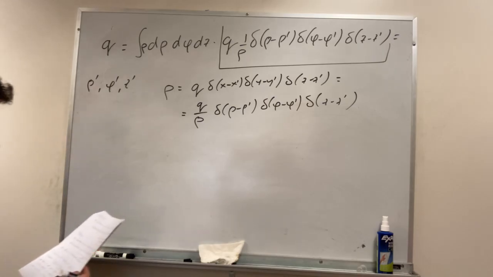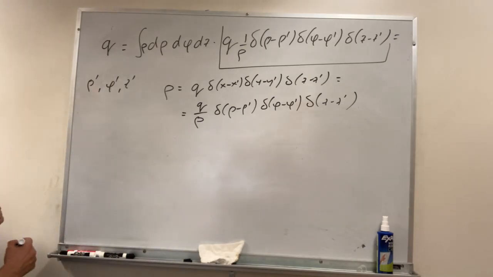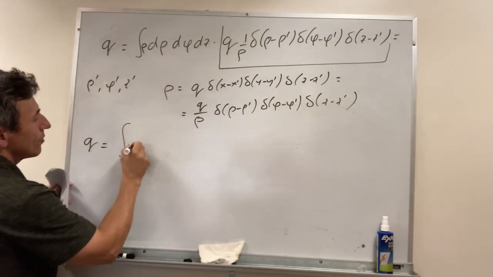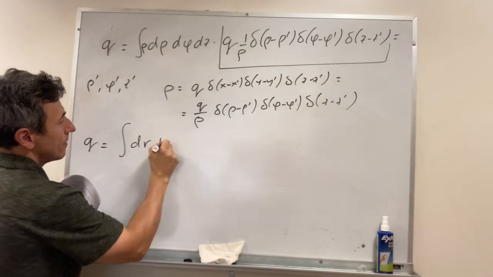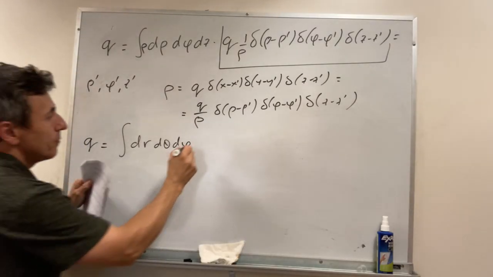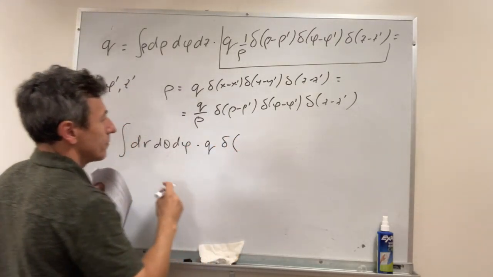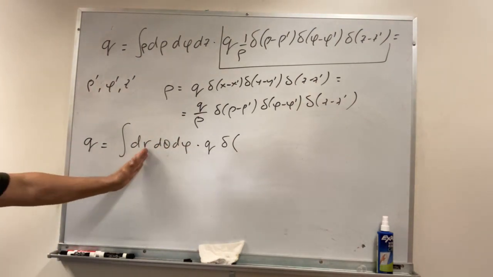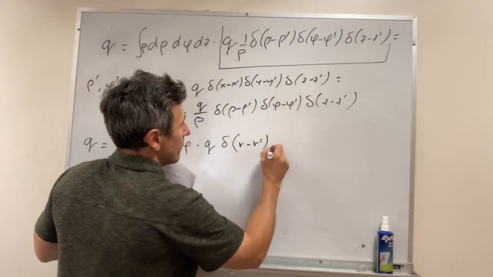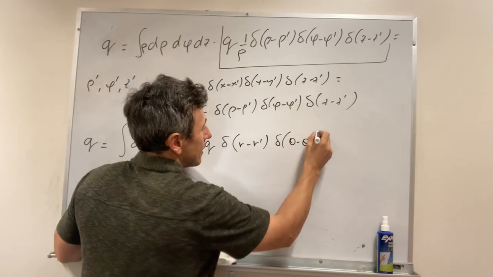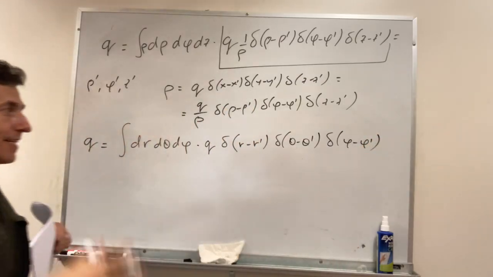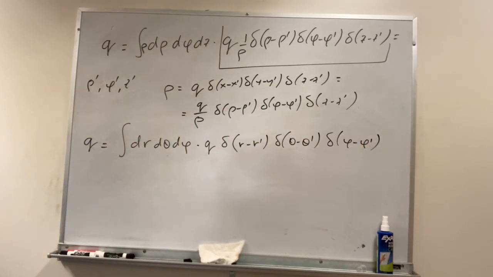In a similar way, we can write down the expression for charge density in the spherical coordinate system. So we use the same identity. So the integral over r, theta and psi, the two angles. So it will be q times delta functions, because in some sense we have just three one-dimensional integrals: delta function r minus r prime, delta function theta minus theta prime, and psi minus psi prime for the position of the point charge. And then again, we need to write this expression in the correct form.